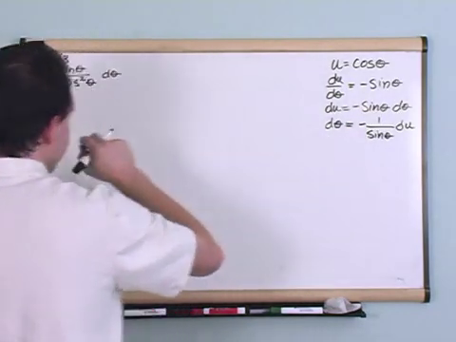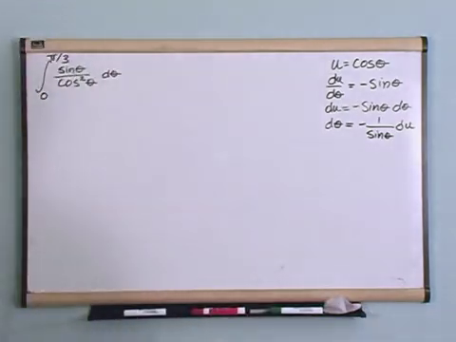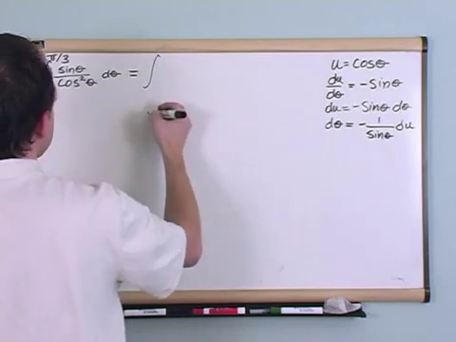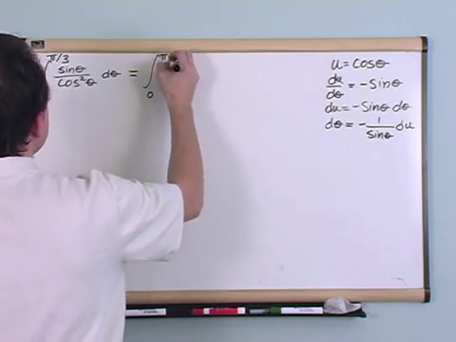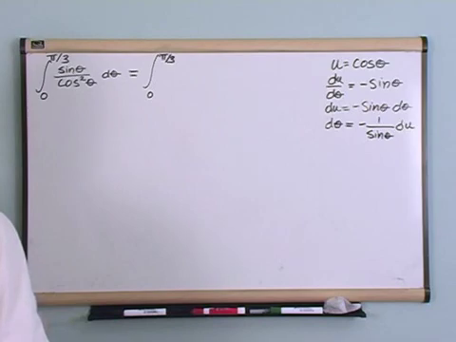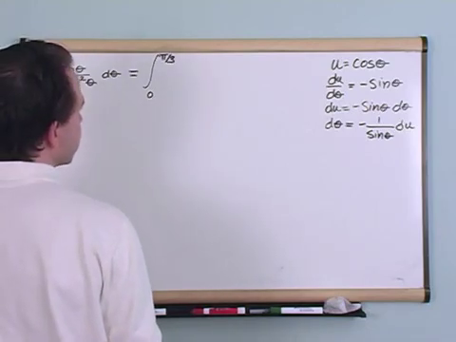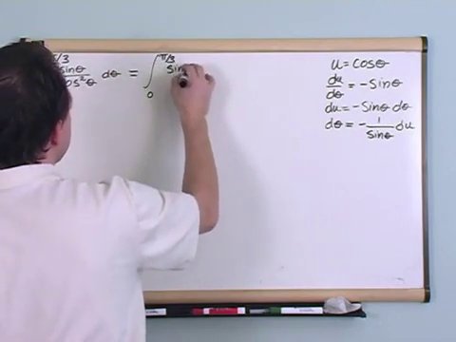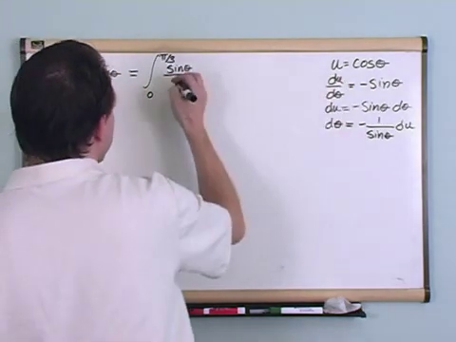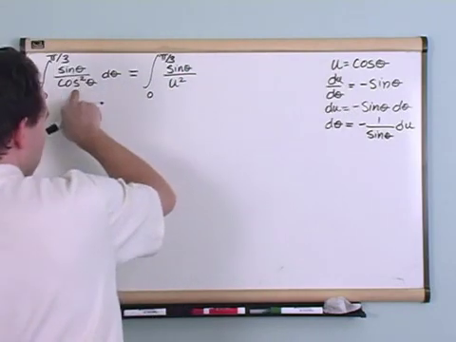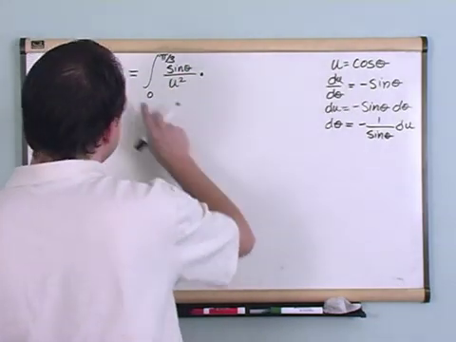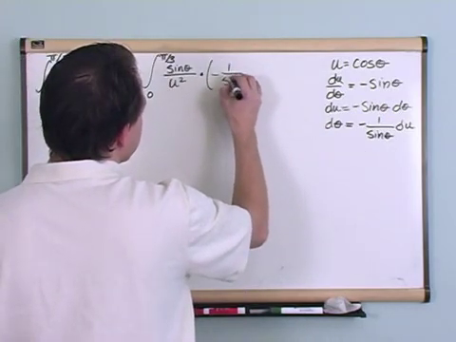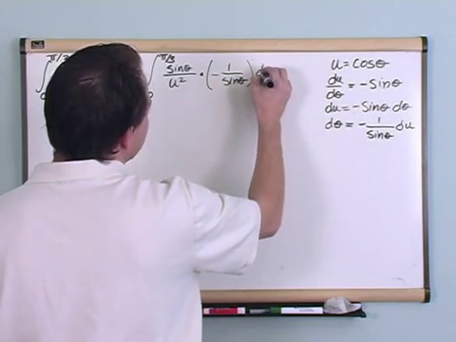We're just solving for one variable in terms of another. So when you do the substitution, what you're going to have is the integral from 0 to pi over 3. I'm going to have a sine of theta on top. On the bottom, I'm going to have u squared, because I have cosine theta squared, times d theta. But the d theta I've defined right here, so I'm going to have negative 1 over sine of theta times du.